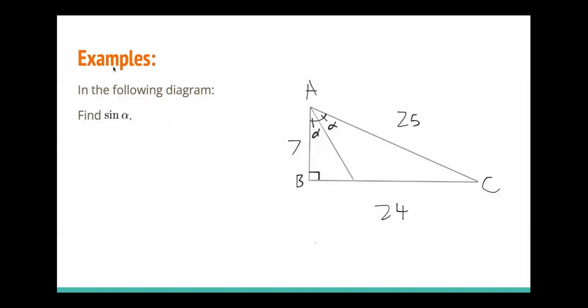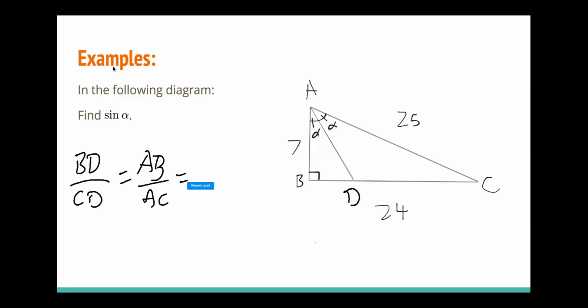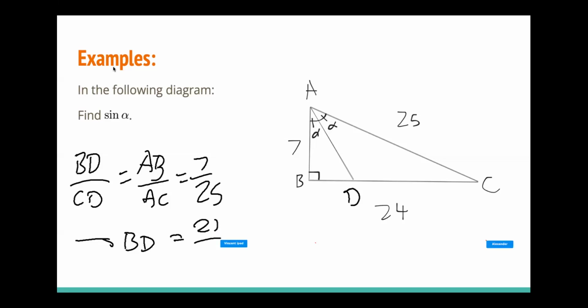Let's say this is D. Then by the angle bisector theorem, BD over CD is equal to AB over AC, which is equal to 7 over 25. If you do some basic calculation, you'll get that BD is equal to 21 over 4.